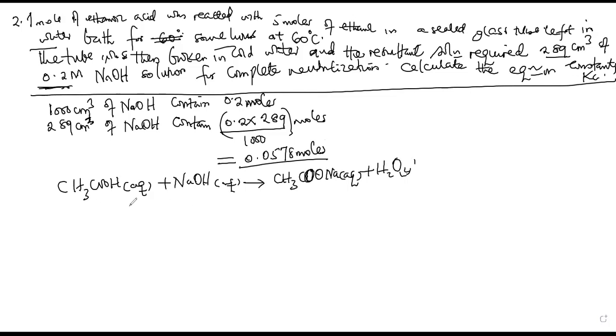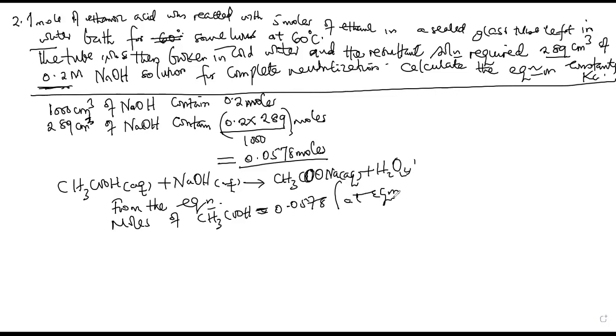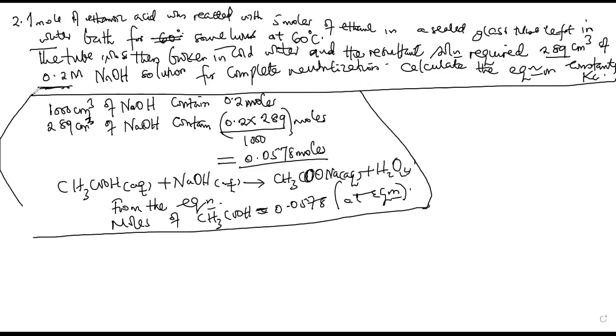Since the reaction ratio is 1:1, from the equation we can see that moles of ethanoic acid are also going to be 0.0578. But these are moles at equilibrium, moles of ethanoic acid at equilibrium, because they have already reacted with sodium hydroxide.